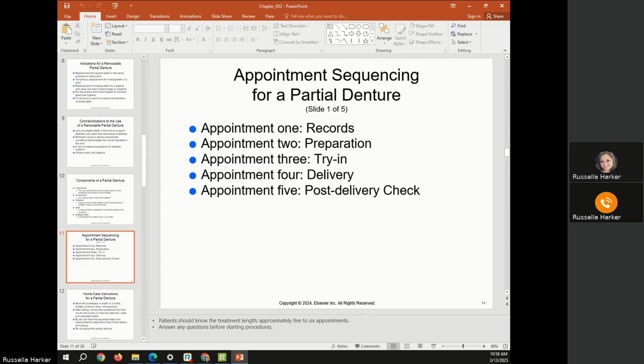The third appointment is a try-in appointment. That's when the dentist evaluates the fit, comfort, and function of the appliance. The shade, the mold, and the arrangement of the teeth are reviewed to ensure that the appearance is acceptable to the patient. If necessary, the dentist may alter the alignment of the teeth.